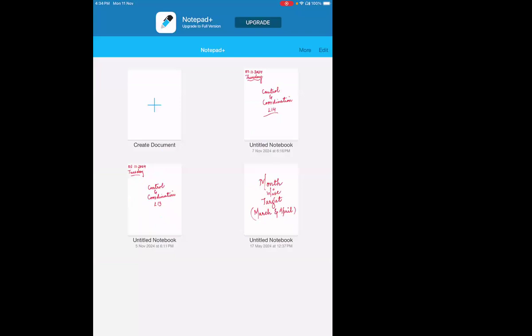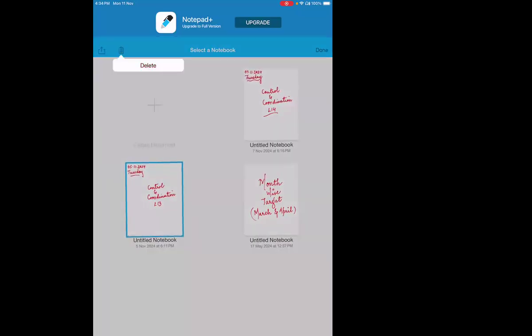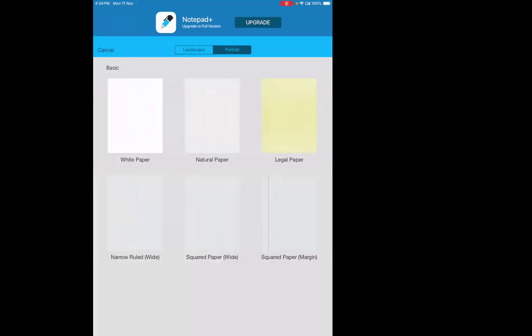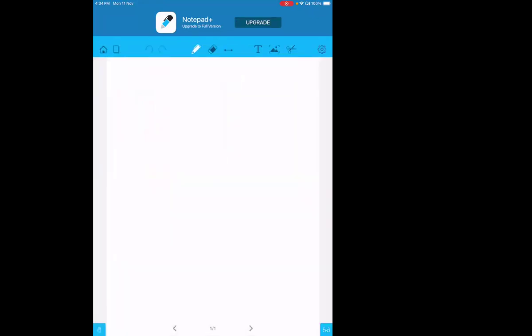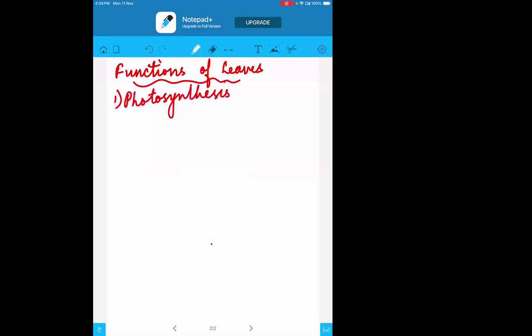So the next part we will be starting is the functions of leaves. The main function, as you all know, is what? It is photosynthesis. The first and major function performed by leaves is photosynthesis.